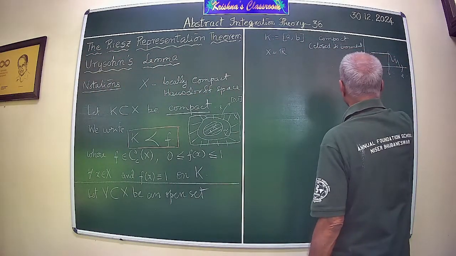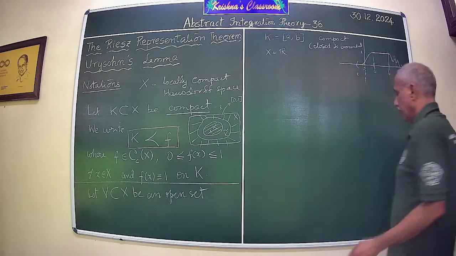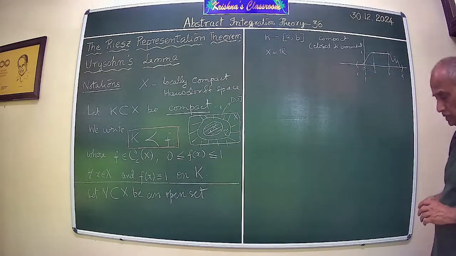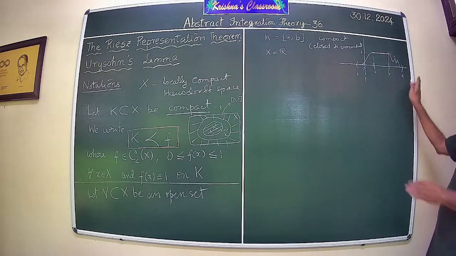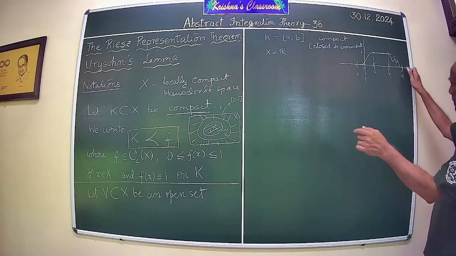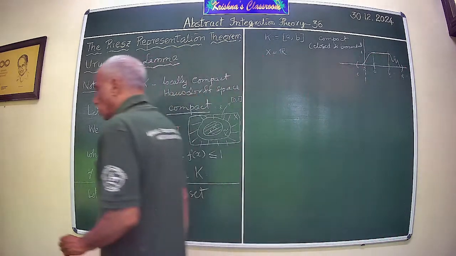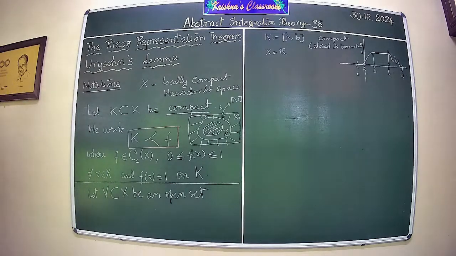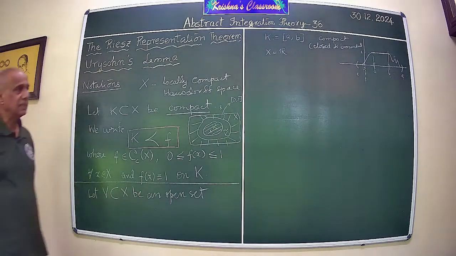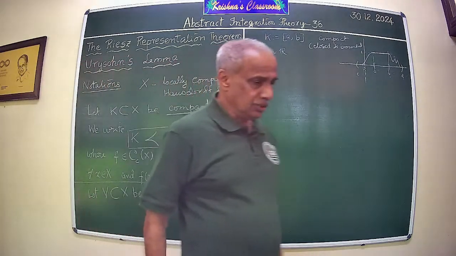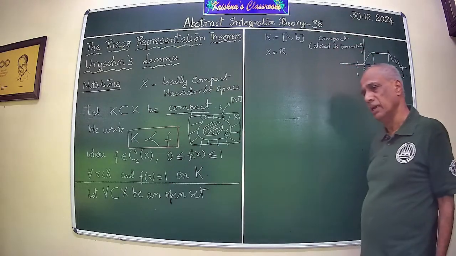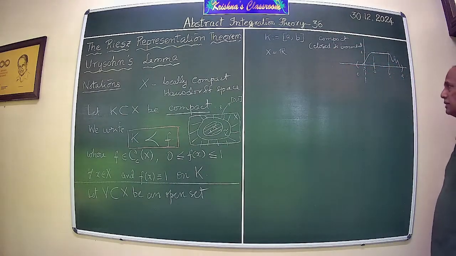So I have taken an open interval, and outside which certainly it is 0, and even inside it is 0. But the closure of the set where the function takes non-zero values is compact.